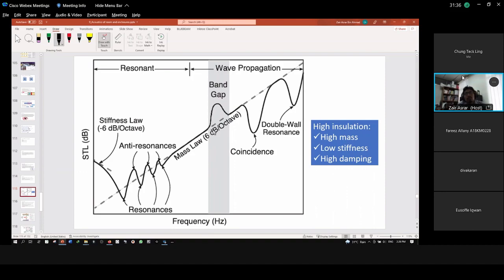So we want to ensure that we are within the safe area here, and to increase the performance within this safe area, we have to increase the mass. As a rule of thumb, to have very good insulation, that means to block the sound, we have to have high mass, pretty low stiffness, and also high damping for the partition.